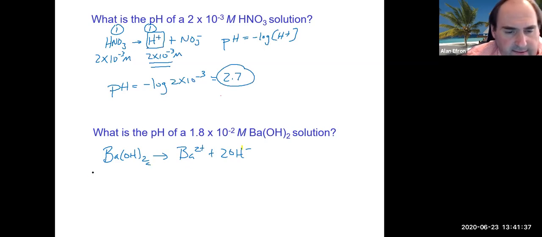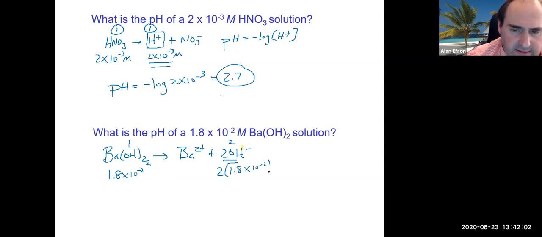And we again know the concentration of the whole thing, which is 1.8 times 10 to the minus 2. And in terms of pH, the OH minus is important here. Not going to get us to pH, but will get us to pOH. And it is a 1-to-2 relationship, which means the concentration of hydroxide actually would be 2 times 1.8 times 10 to the minus 2.